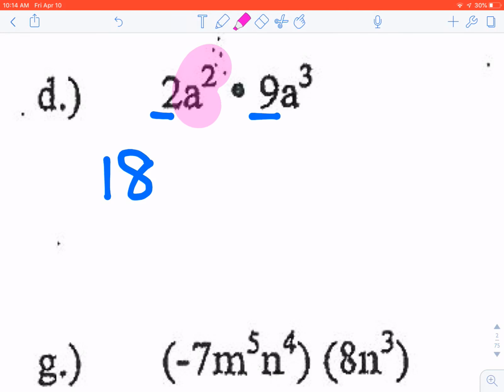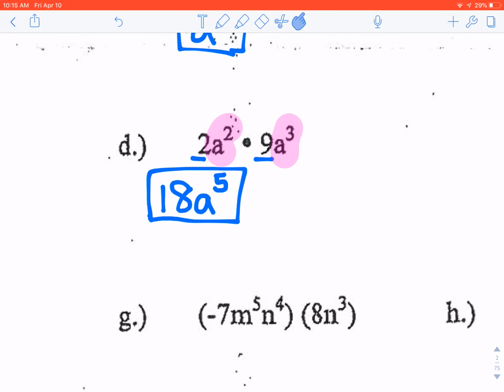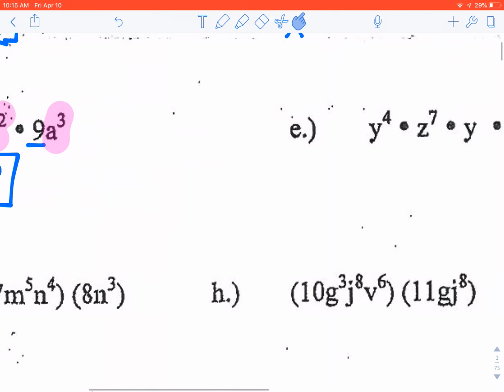Now you're looking at, okay, we have a variable, which is a. The base is the same. So you're going to rewrite your a, and you're going to add your exponents. Okay, so again, multiply the number in front if those coefficients are different, and then your variable, keep the same, add your exponents. So 18, a to the 5th.